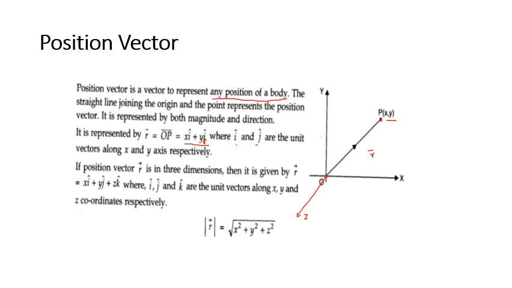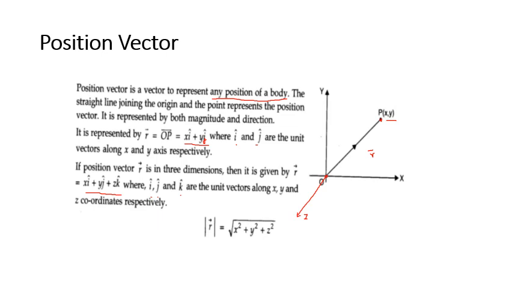If it is a three-dimensional motion, then how do we write the position vector r? Very simple, students: xi plus yj plus zk, where i, j and k are the unit vectors along the x, y and z coordinates respectively. Hope you understood this.